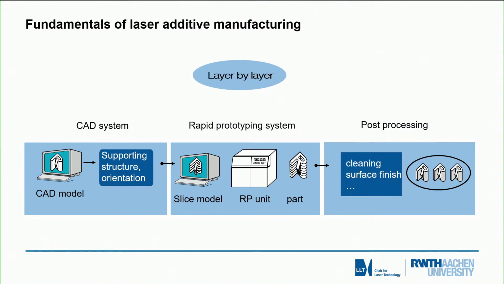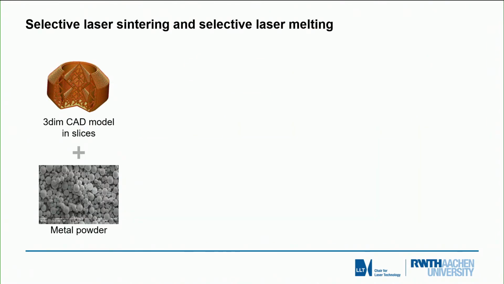So the first process I want to look at in more detail is selective laser sintering and selective laser melting. In this application we again have the three-dimensional computer model which has been sliced into individual layer information, and we have a material powder, in this case a metal powder.